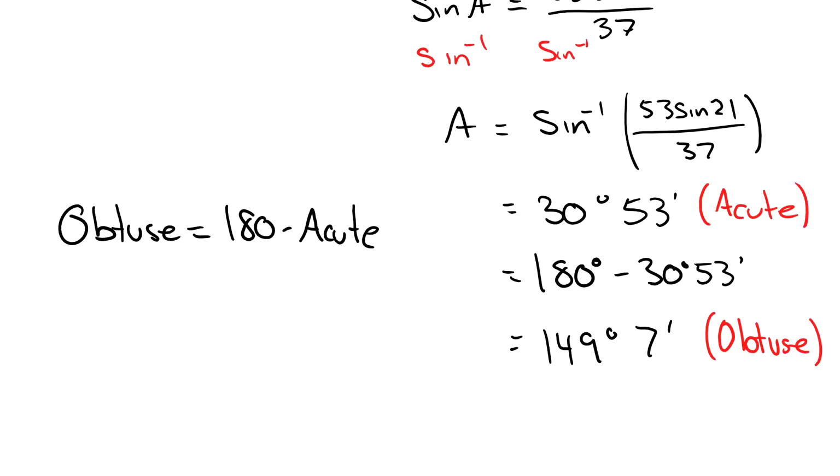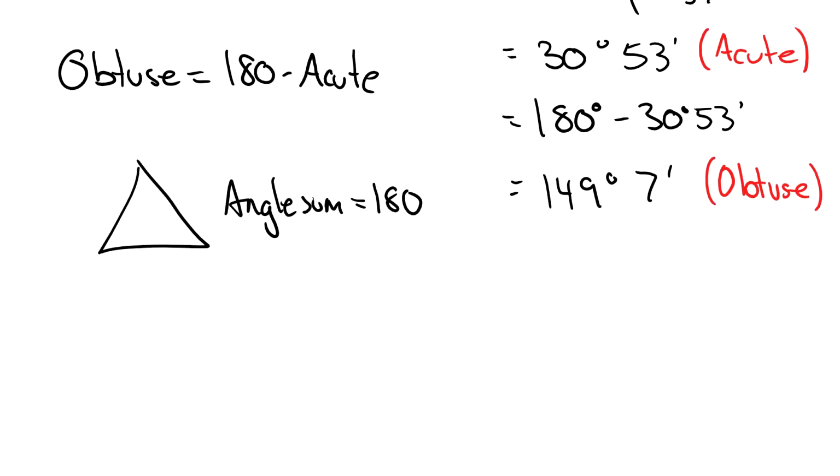Sometimes you cannot have an obtuse angle, and it's important to test that, because remember, with a triangle, your angle sum is 180. So for example, let's say this corner down here is 53 degrees, and then I find that this obtuse angle ends up being 139.